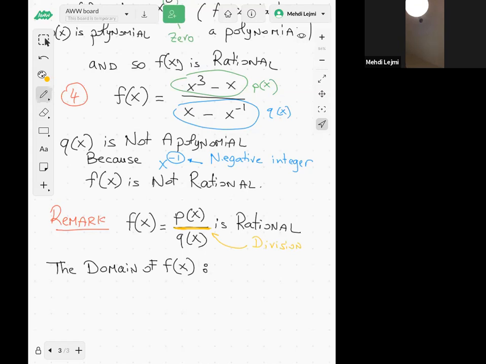So the domain is any real number x except where q of x is 0. Q of x is the denominator, so we have to exclude the values where the denominator is 0.